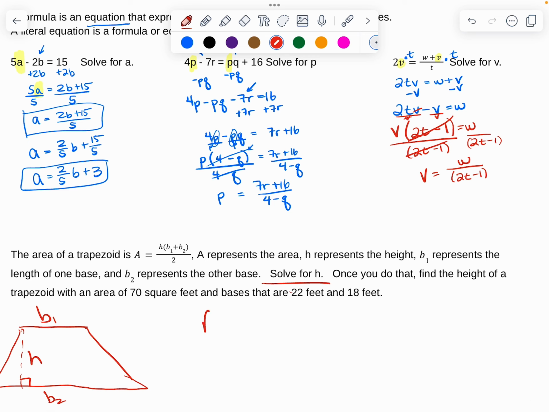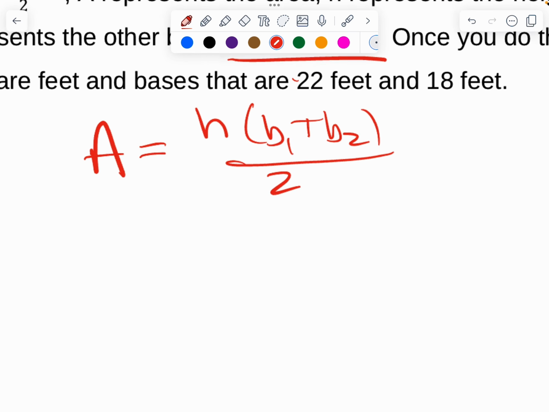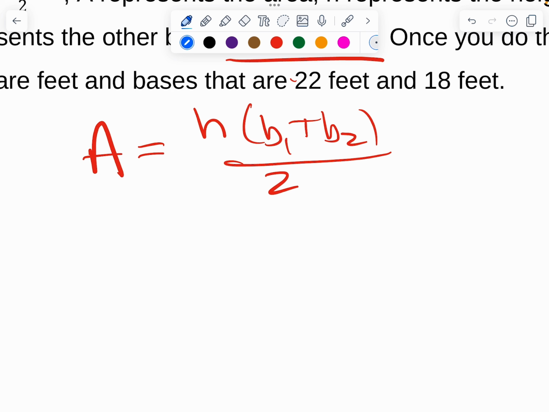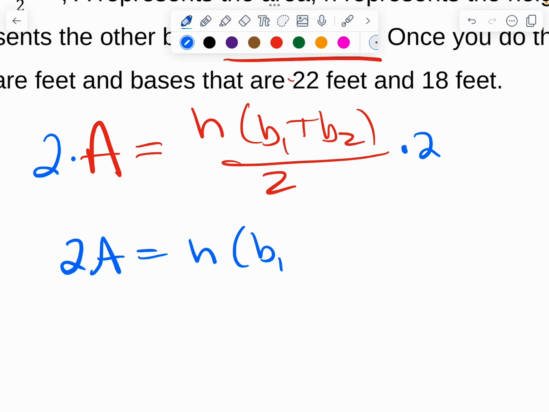So that's the first thing I'm going to do. So H times B1 plus B2 all over 2. First things first, I need to get that H by itself. So I'm going to multiply both sides by 2. I get 2A equals H times B sub 1 plus B sub 2.